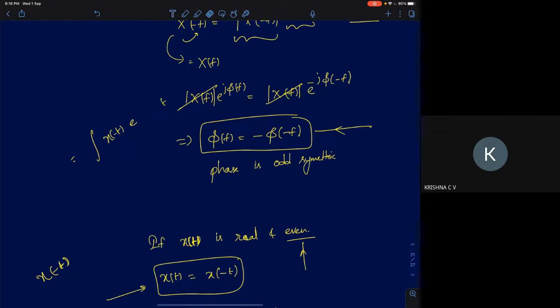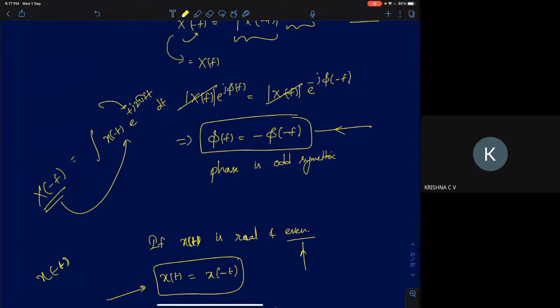Okay, let me use f. So this will be plus j 2 pi f t dt. So this here is your Fourier transform. The only difference here is that instead of plus you have minus here. So if I put minus, I can define a signal with a Fourier transform of X of minus f.